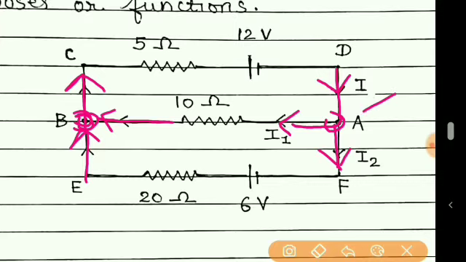So this is also a junction. But here at point C you can see there is no division of current. The current which is moving here, the same current will move in this direction. So students, always remember, when the current meets or divides at a point, that point is called a junction point.